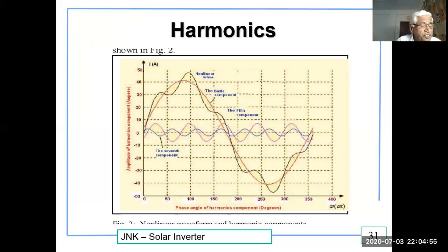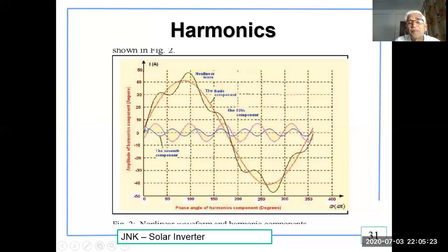In this, you can see the grid-tied power is pumped. They are expected to maintain a very high power quality so as not to corrupt the power flow. These inverters are expected to have very low harmonics on the line. In the diagram, you can have a look at it. The red line is the original fundamental wave, whereas you have a third harmonic and a fifth harmonic coming over here.